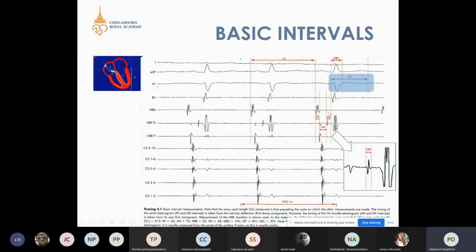We start measuring from the onset of the His electrogram until the onset of the QRS complex on the surface or body surface EKG.